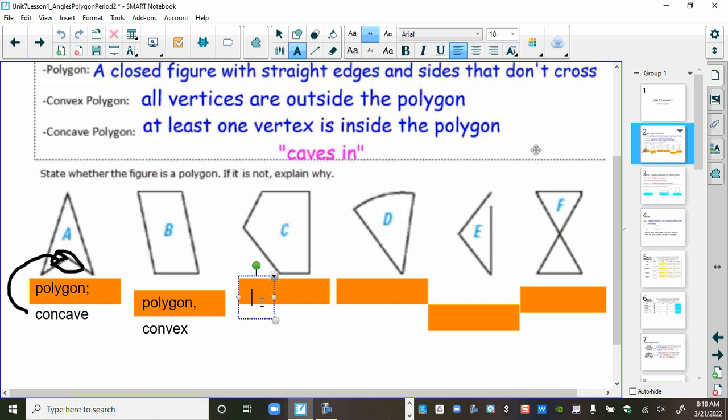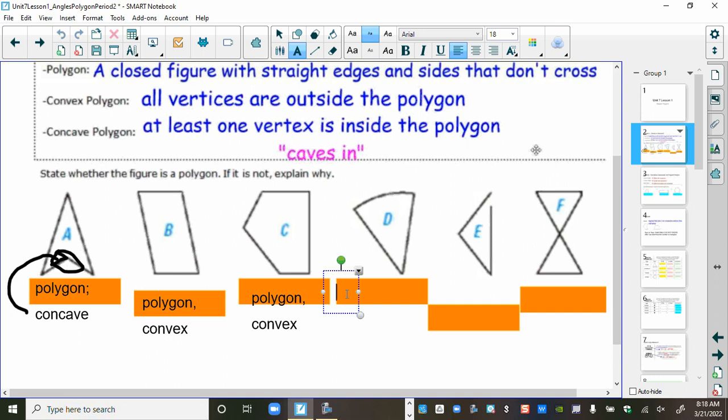All right, what about this one? That's a polygon as well. Is that also convex, or is that concave, or are there any corners that face in towards the center? Or do they all face outwards? That's also convex, yep. All face out.